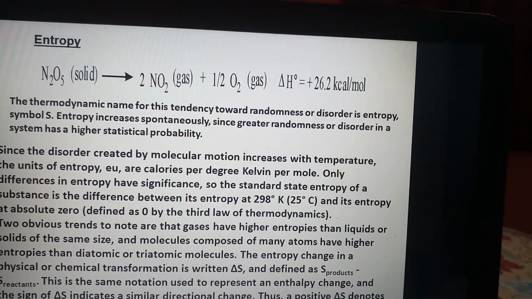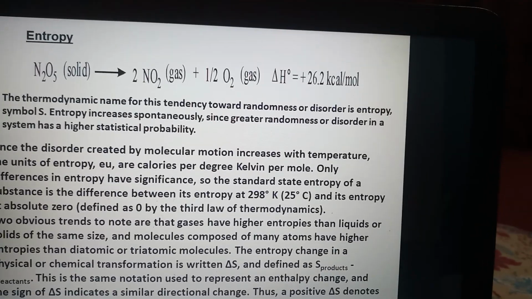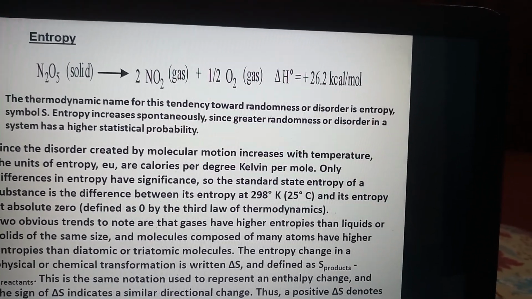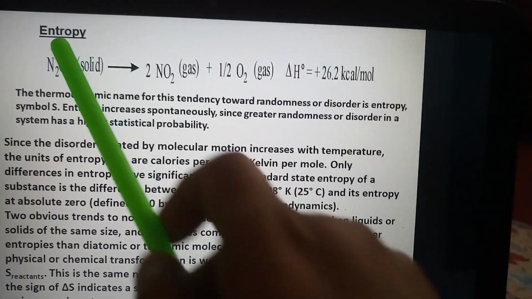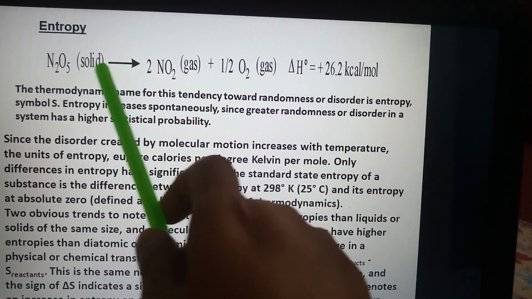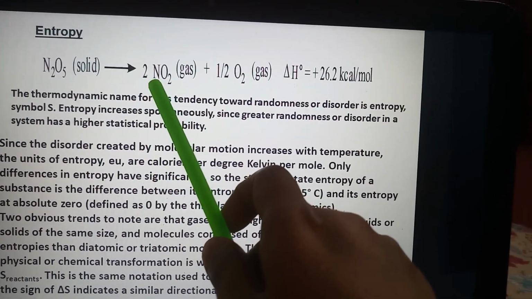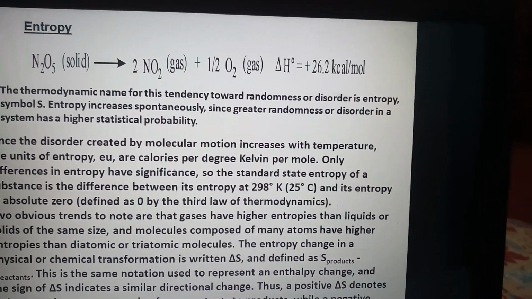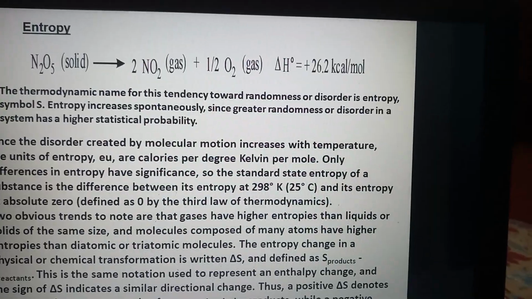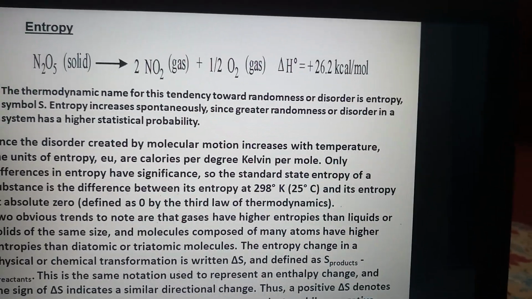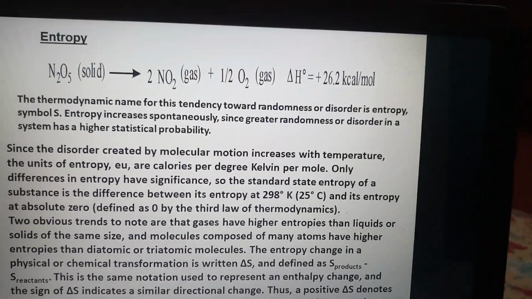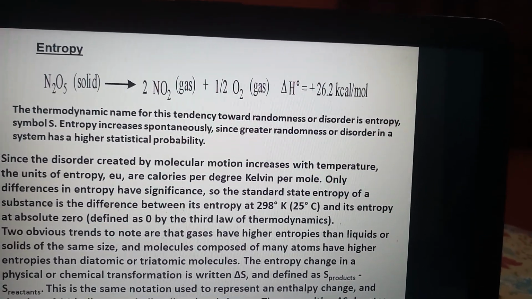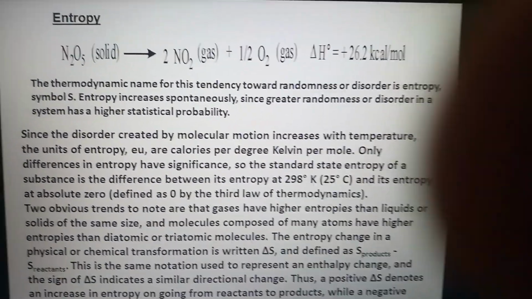Clearly, some factor other than a change in enthalpy must act to favor this decomposition. If we balance the equation, 2N2O5 is equal to 4NO2 plus O2. So here two well-defined molecules in the solid state break apart into 5 discrete product molecules, all of them in gaseous state.